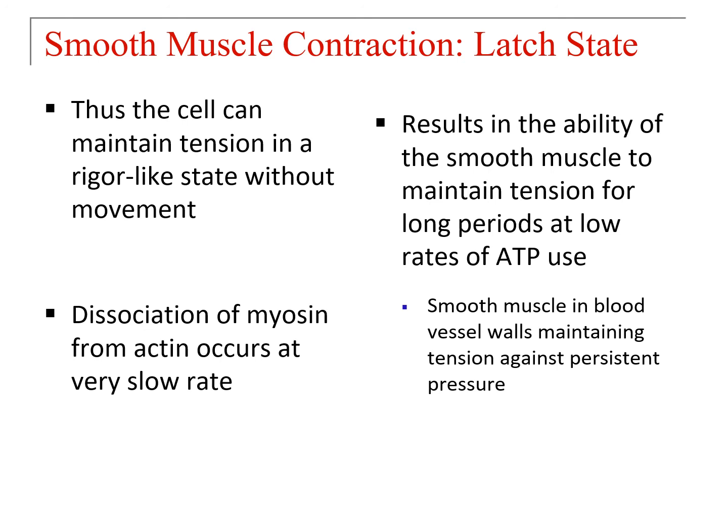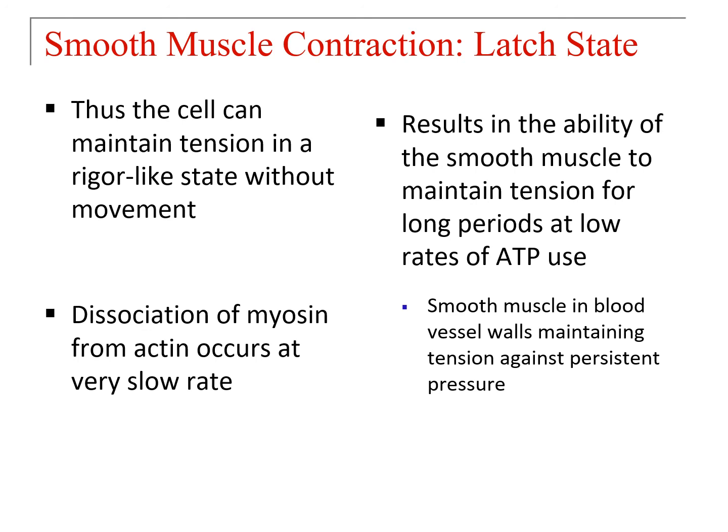So if you think about this, smooth muscle in blood vessel walls has to maintain tension against persistent pressure of blood flow from the heart. And so it becomes useful for this muscle to be able to maintain a state of tension, maintain a state of contraction for a long period of time.